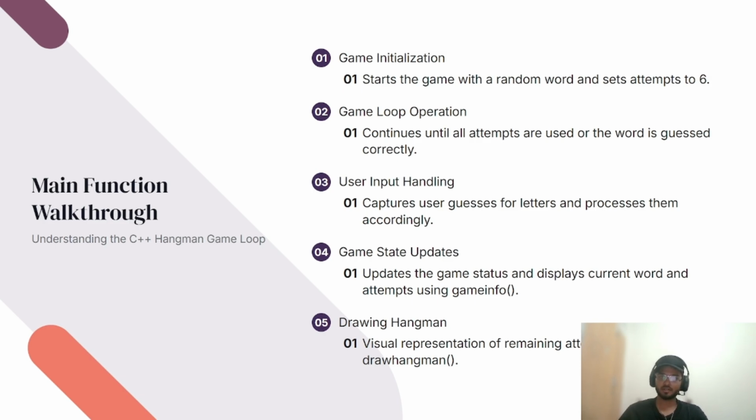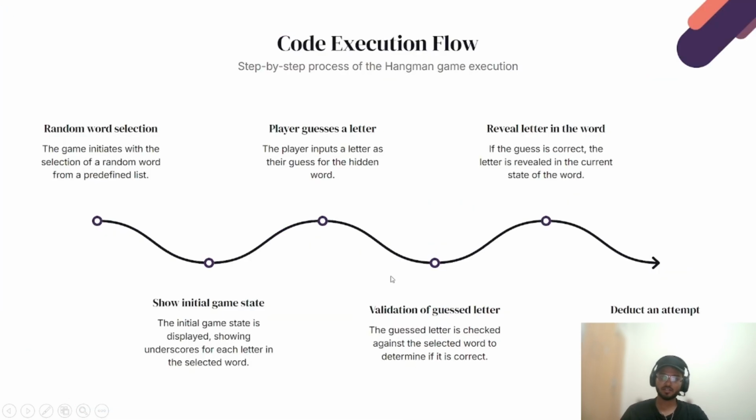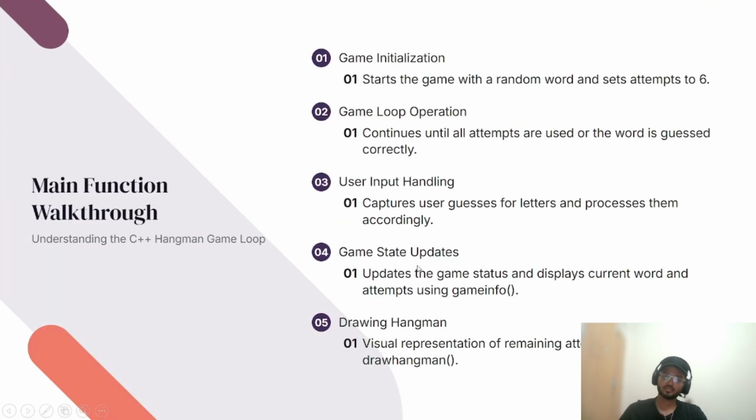In each run of this loop, the user has to input a character, which is checked in the function, and after every attempt the game info is displayed, and if the attempt is incorrect, a hangman is drawn.